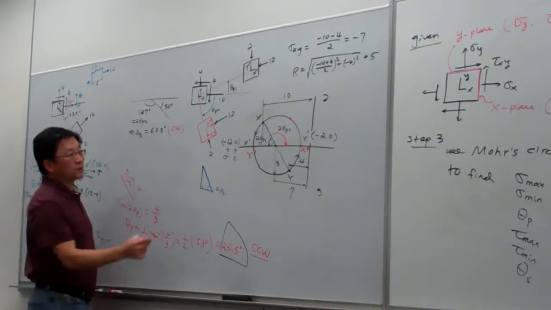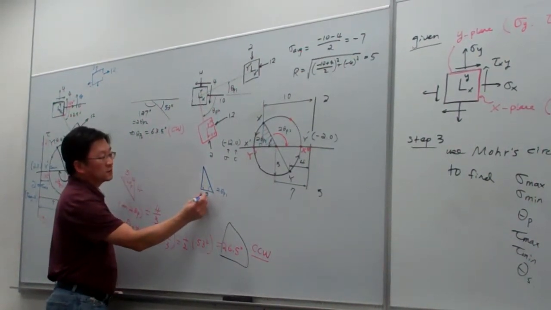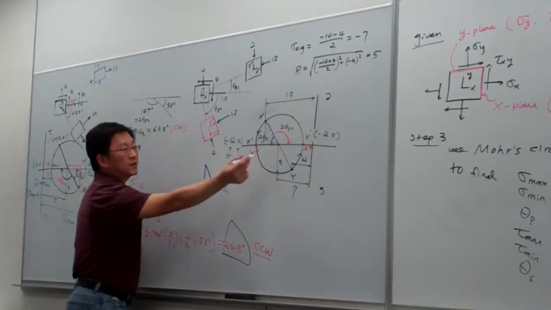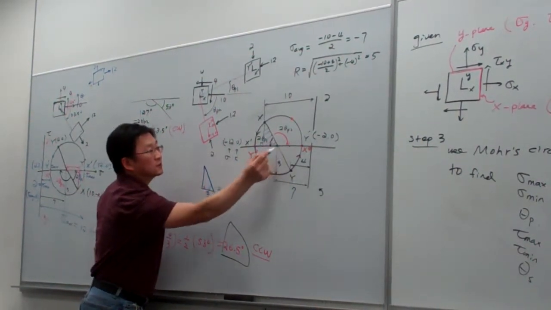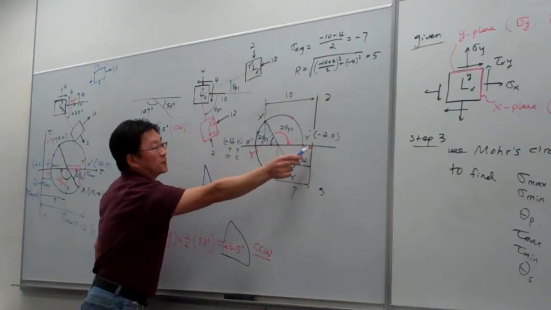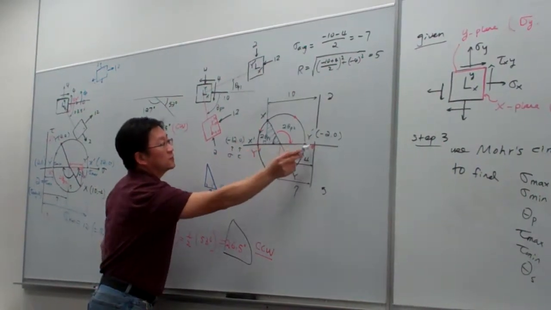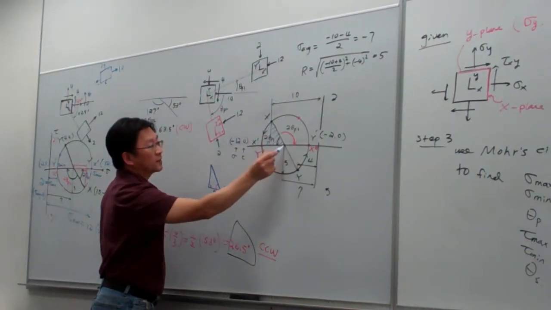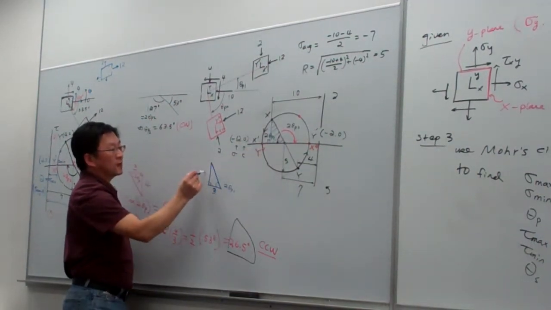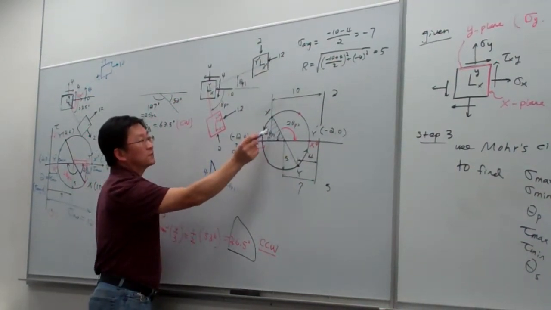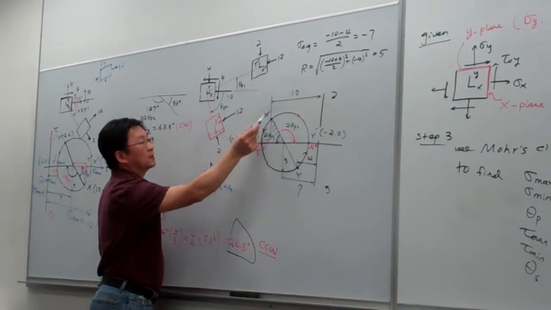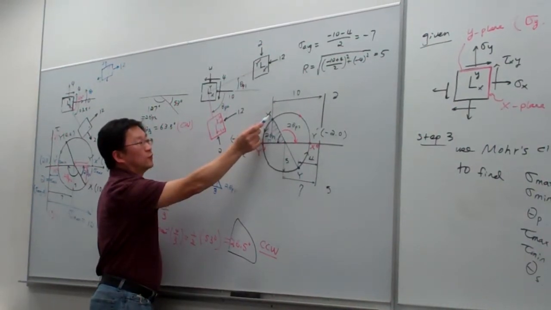So for this triangle, this has a length 3, because the center is from here to here 7, and from here to here is 10. So that is 10 minus 7 equal to 3 here. And this is 4, because that is given by the y coordinate of x.